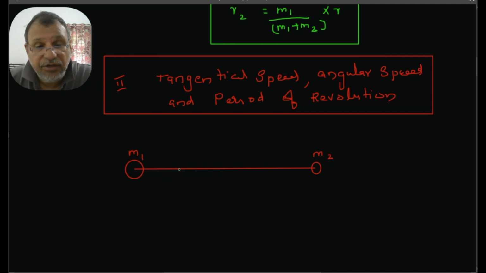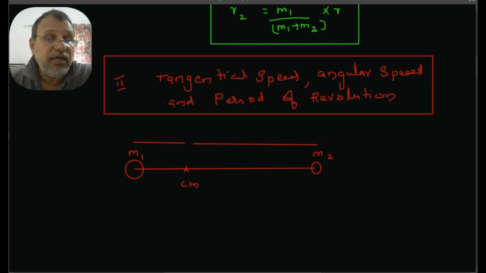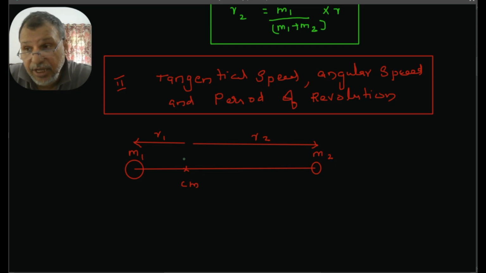Then we have the center of mass somewhere here, with this distance marked r1, this distance marked r2, and the separation between the two bodies as r. Both the bodies will be revolving around the center of mass at the same angular speed.